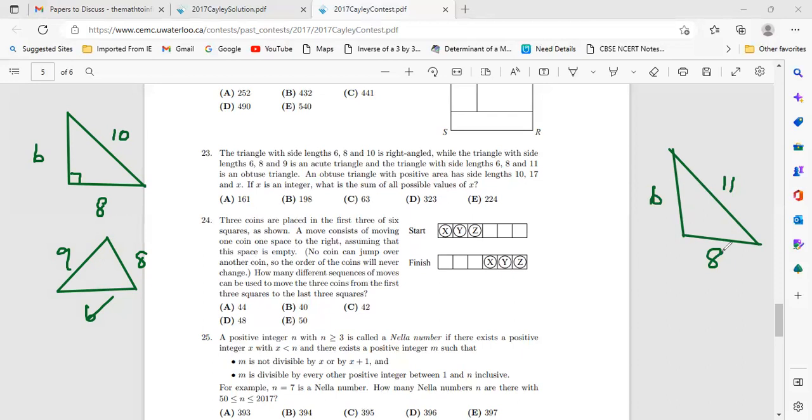An obtuse triangle with positive area has side lengths 10, 17, and x. So let's consider this as the obtuse.